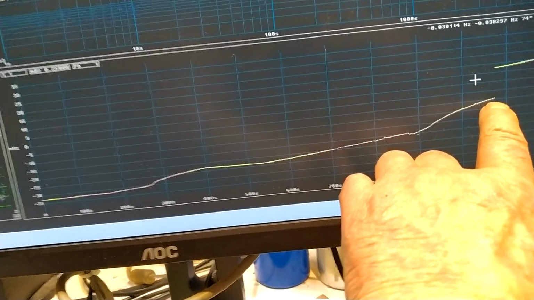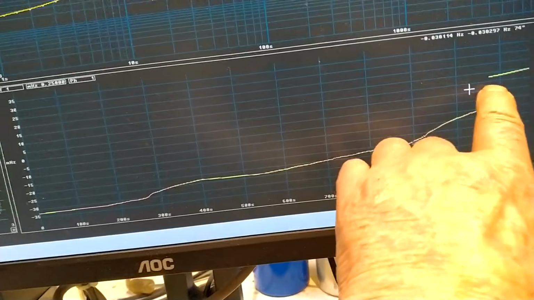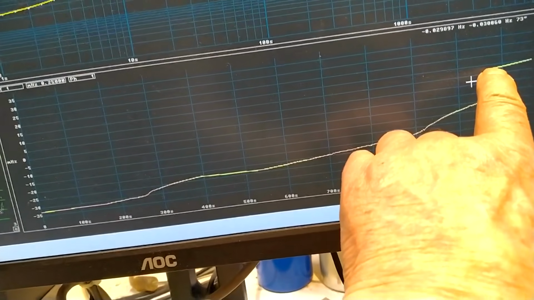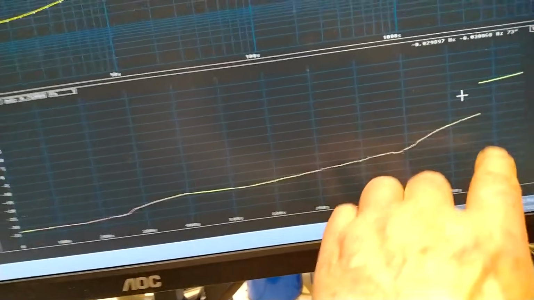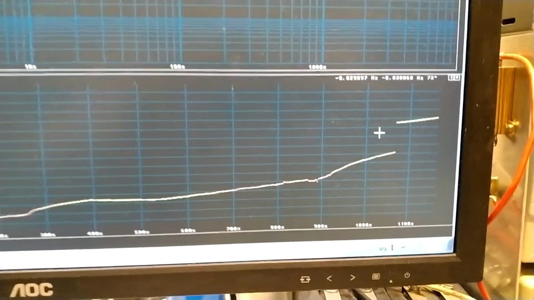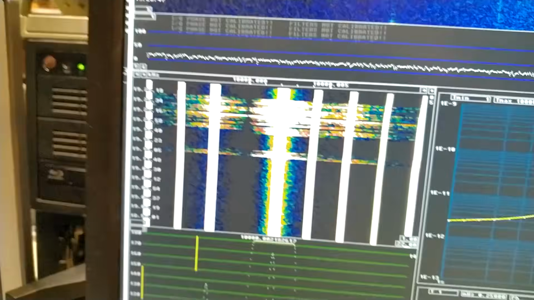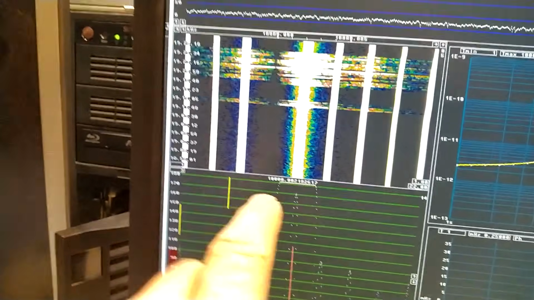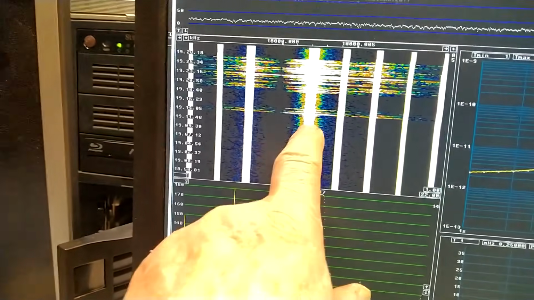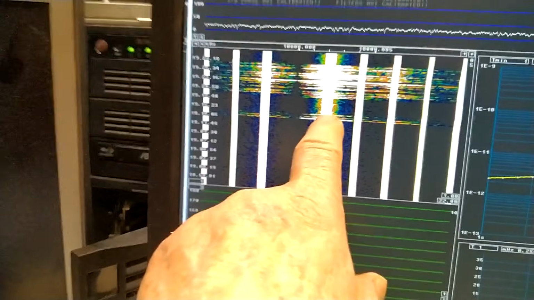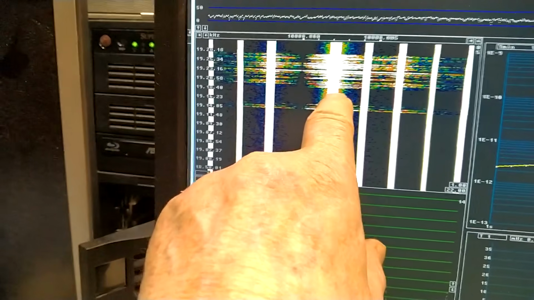But then there was this jump of about 20 millihertz. When I look at the spectrum, I see this is what I had before, and this is with the single tape. I don't see a difference.